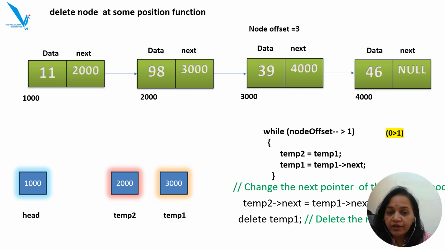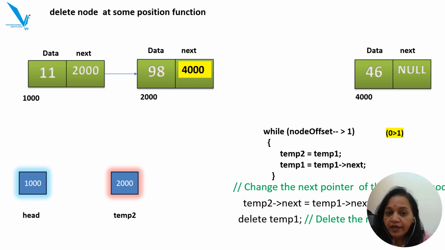Okay, so let us update it. So it will become 4000. temp2 of next is equal to temp1 of next, and after that you have to delete temp1. So I'll delete the temp1. Okay, temp1 will be deleted. Okay, so temp1 delete हो गया, temp1 was pointing to 3000, that also gets deleted, and here in the second node, the next pointer, to address 4000, so it will start pointing to 4000.